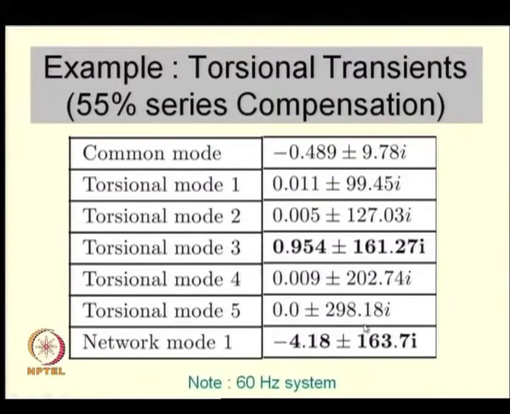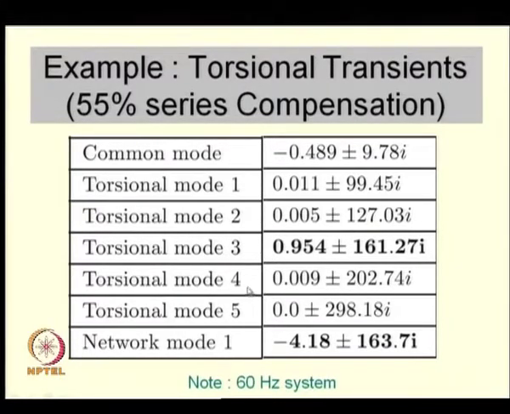So, it would make sense to limit the series compensation in a transmission line such that it avoids coincidence with the torsional mode, and this usually can be done if you design your series compensation so that the network mode frequency is significantly higher than the highest torsional mode frequency, which is controllable by the electrical torque.